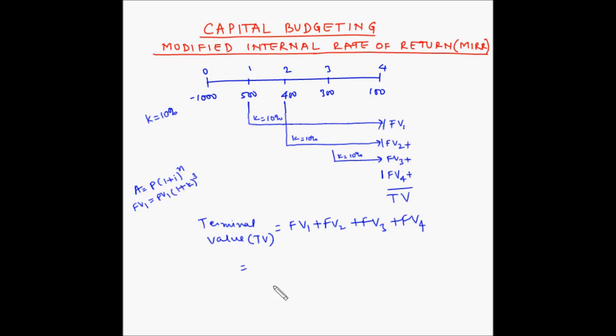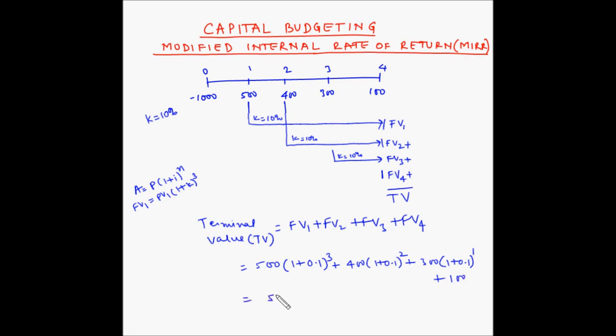PV1 here is 500. So 500 into (1 plus 10%, which is 10 divided by 100, which is 0.1) to the power 3, plus 400 into (1 plus 0.1) square, plus 300 into (1 plus 0.1) to the power 1, plus 100.